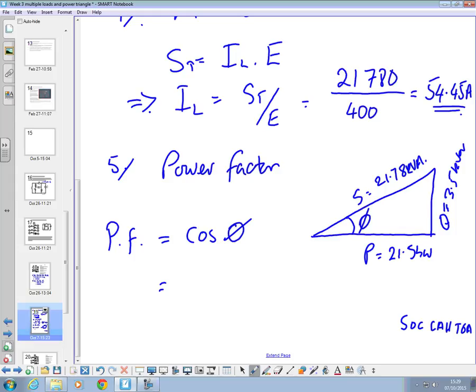So it must be PT over S. That's 21.5 over 21.78. I make that 0.987. That's a ratio, that's all it is.